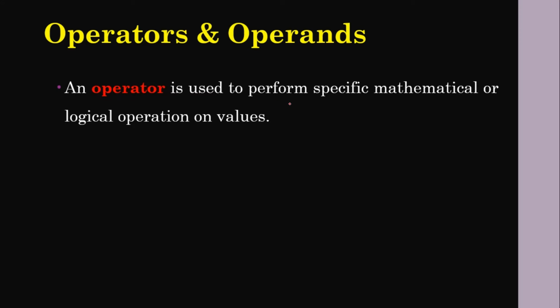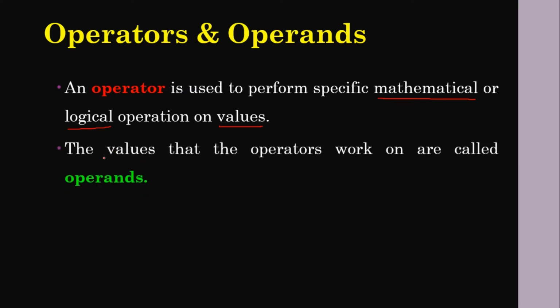An operator is used to perform a specific mathematical or logical operation on values. So we perform some mathematical, arithmetical or logical operation on some values with the help of an operator. And the values that the operator works on are called operands.